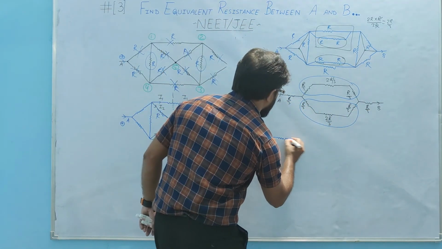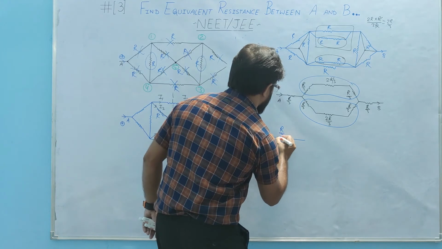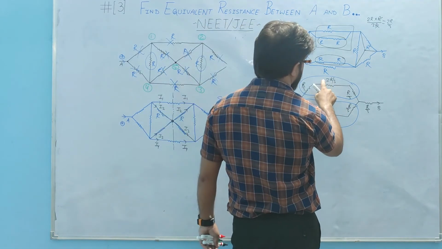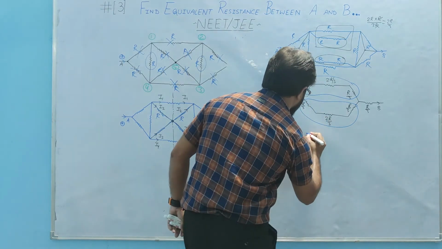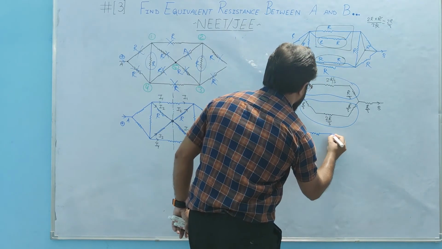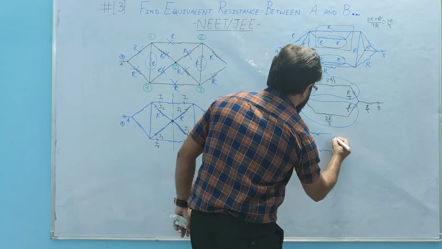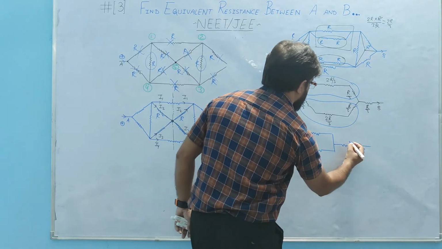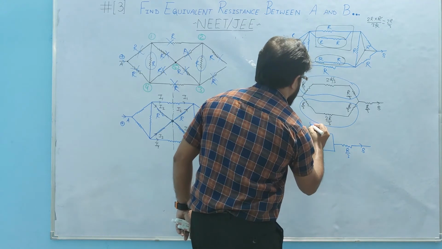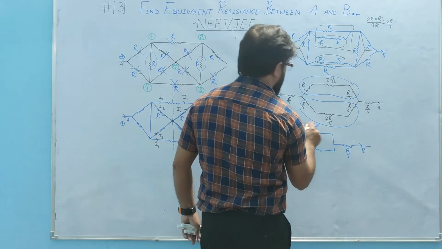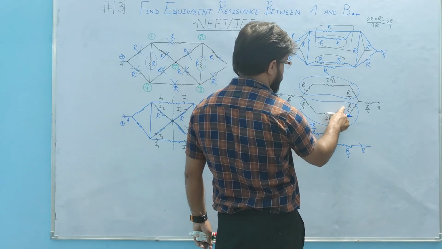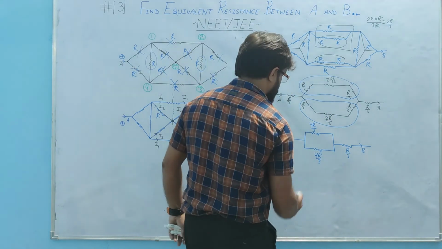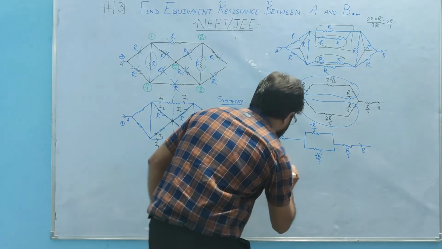I am doing it for you. This is R by 3 at A, and this is R by 3, 2R by 3, and 2R by 3, 4R by 3. This is R by 3, this is 4R by 3, and here also R by 3, 2R by 3, 2R by 3, 2R by 3, 4R by 3, 4R by 3, 4R by 3 in parallel.